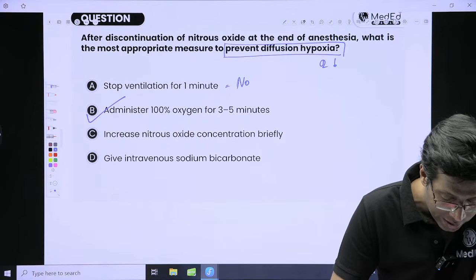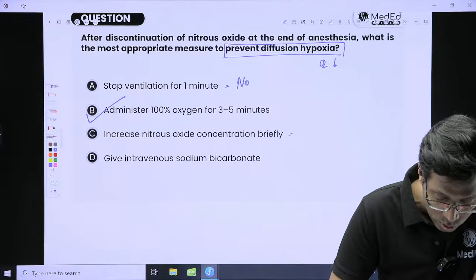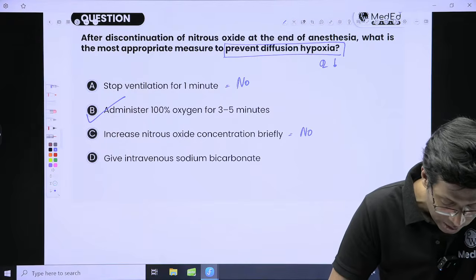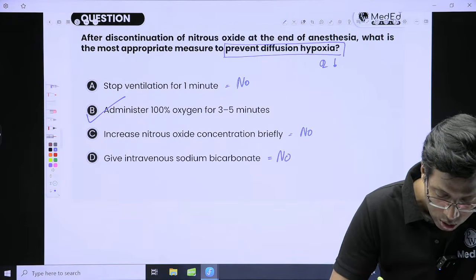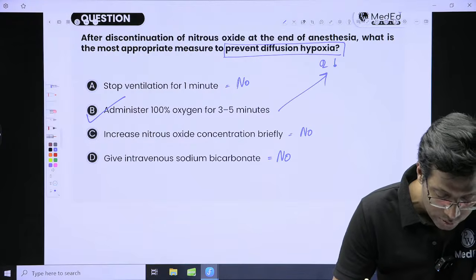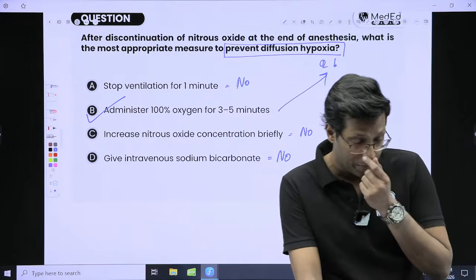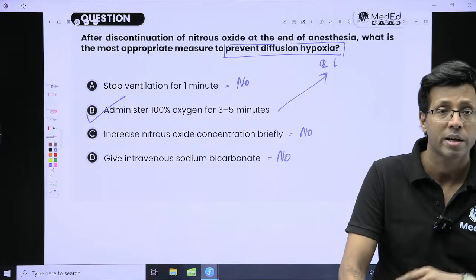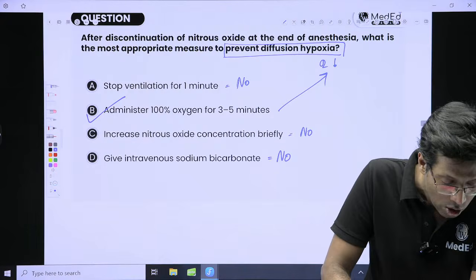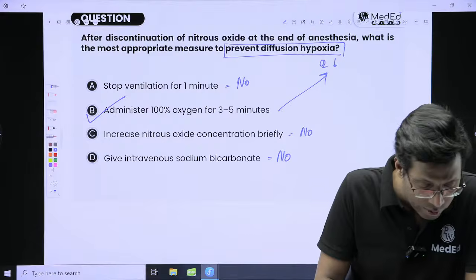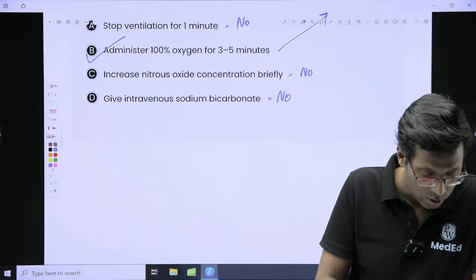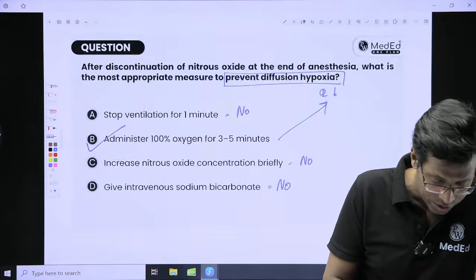No. Increase nitrous oxide concentration. Will it help you? No. Give intravenous soda bicarb. Does it help you? No. You just have to give 100% oxygen for 3 to 5 minutes to this patient. That's the correct answer. I think all of you have given me the correct answer. B. Absolutely correct. Next.